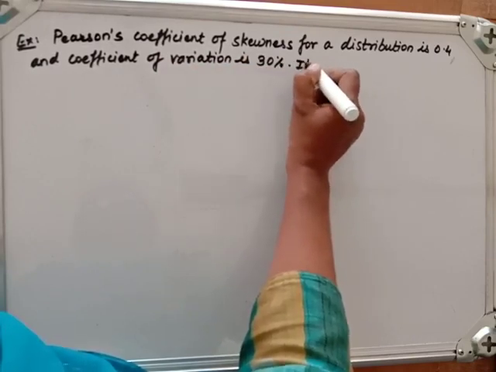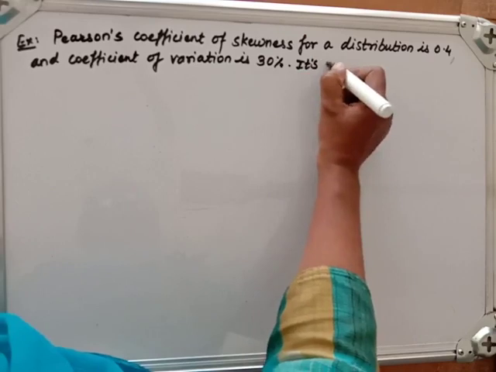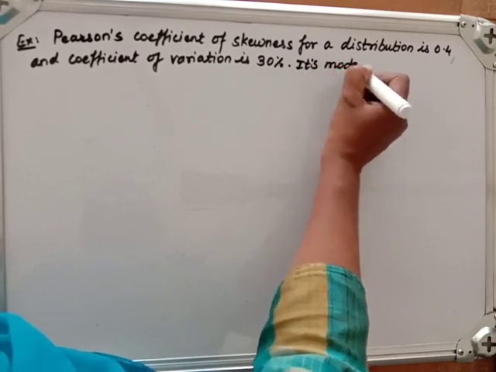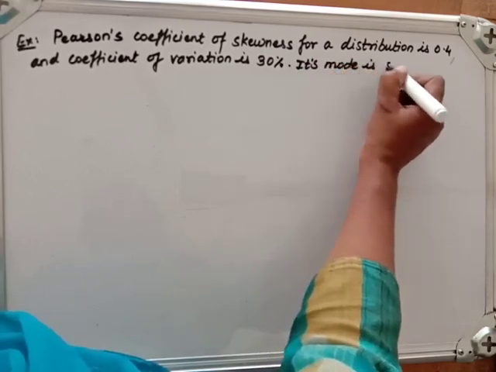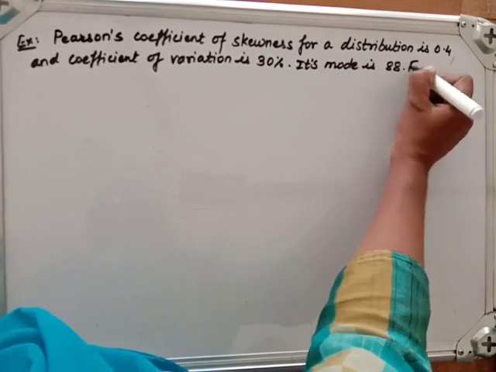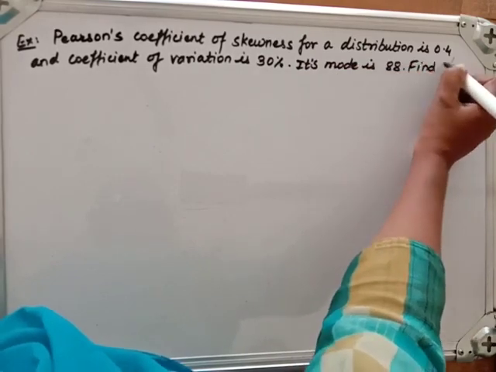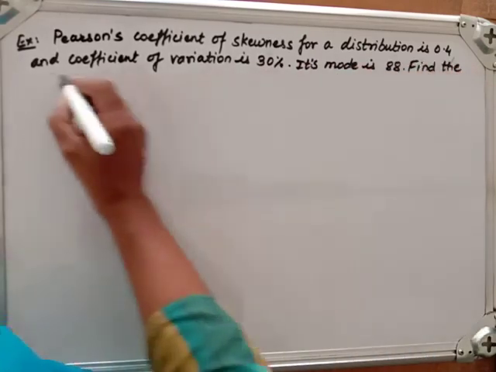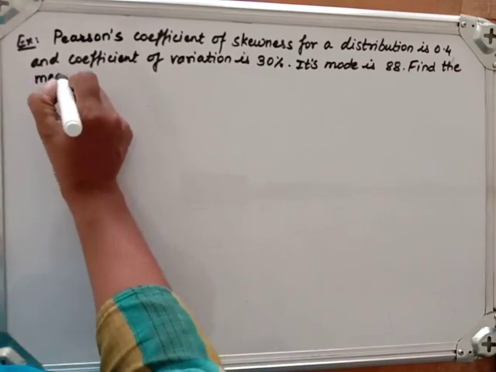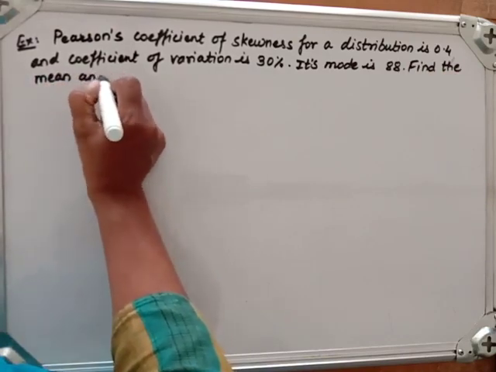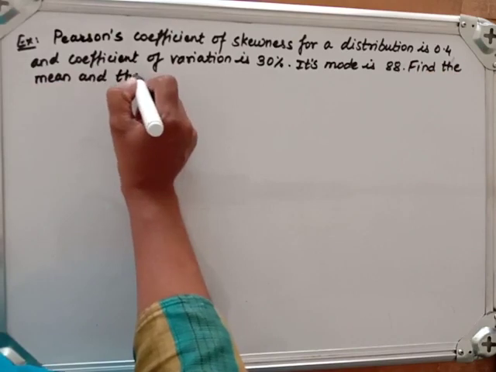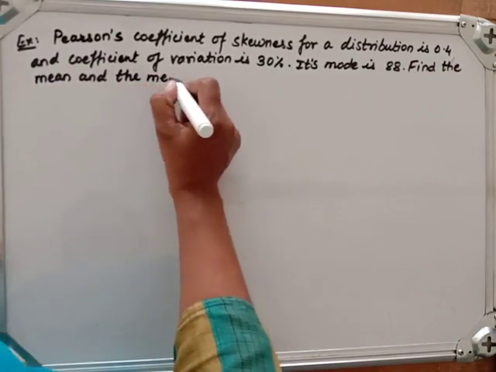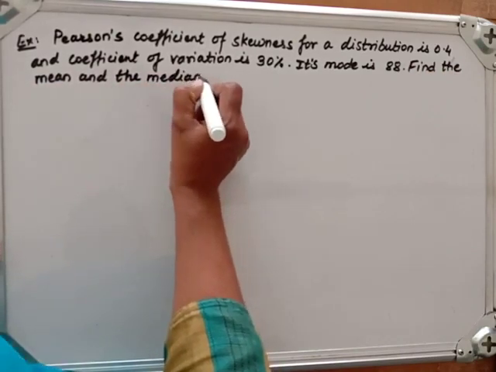Its mode is 88. Find the mean and the median. That is our question.